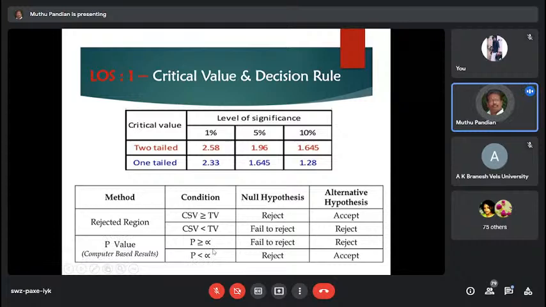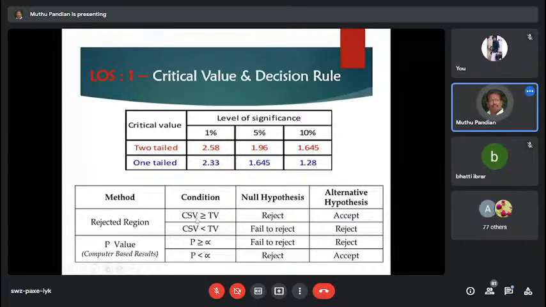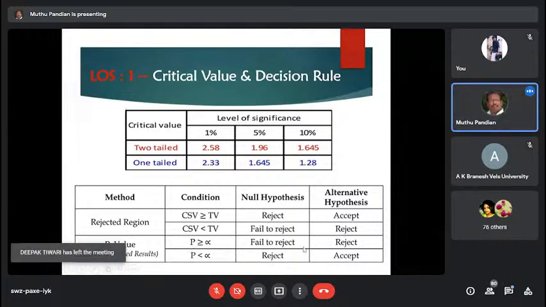In general, by default, our level of significance is 5%. Whenever we want to check hypothesis testing, we use 5%. So we have to check the P value. If the P value is greater than or equal to 5%, we reject our null hypothesis.